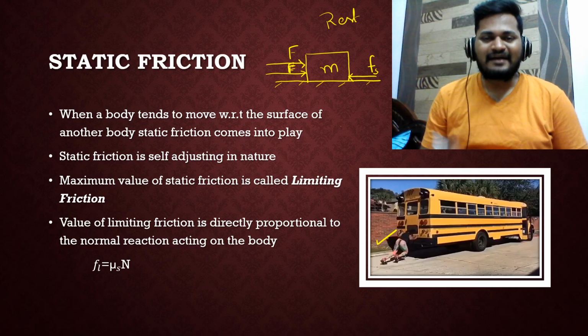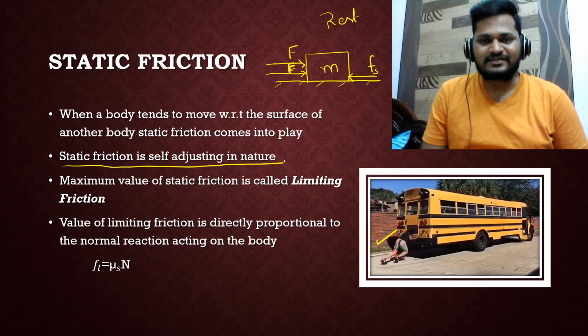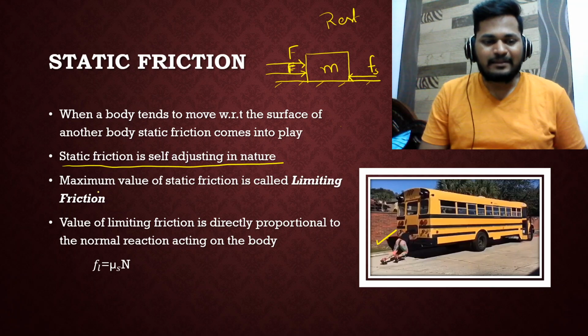So like that, that maximum value of static friction is called limiting friction. Okay, first of all, I hope you understood that static friction is self-adjusting in nature. Then the maximum value of static friction is called limiting friction.